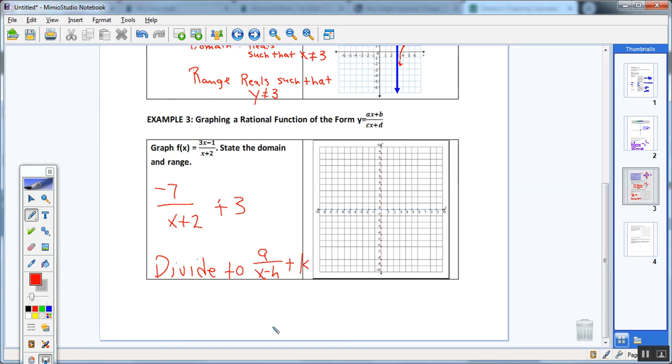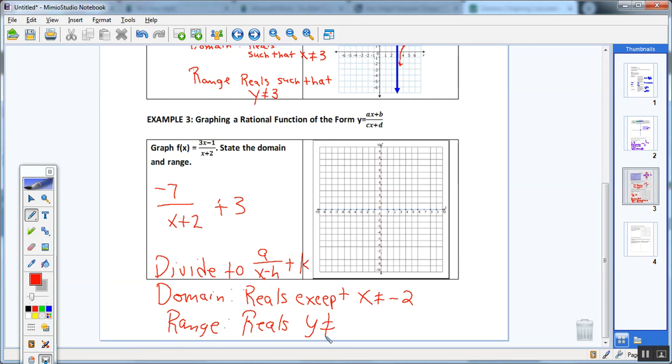And when we get to this form, you know that your domain is all reals except x cannot equal what? -2. Okay, the range is all reals, but where was our horizontal asymptote here, kids? +3. The range is all reals, but y cannot equal what value?